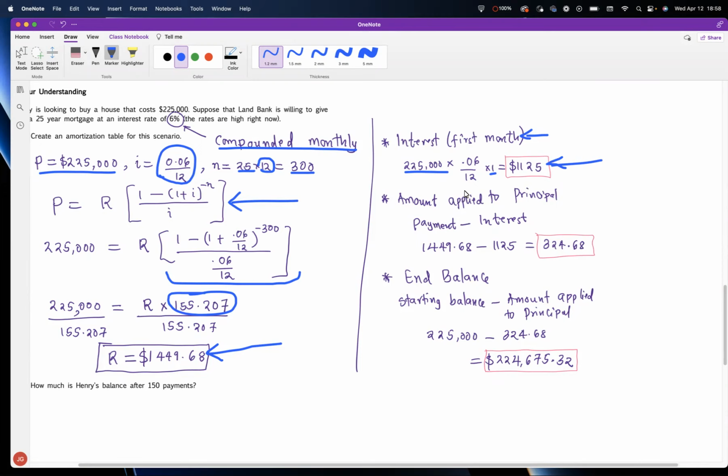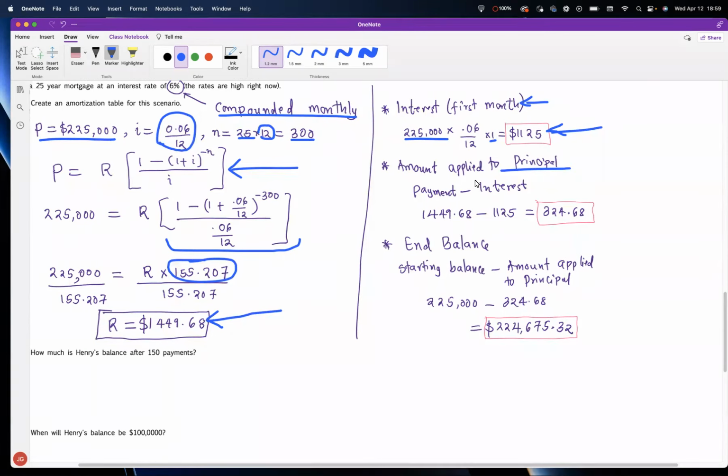Also, you need the amount applied to principal. That means how much is going towards reducing the loan amount. For that, you have to subtract the interest from the monthly payment, and you get 324. Very little amount goes towards the principal in the first month, and that is okay.